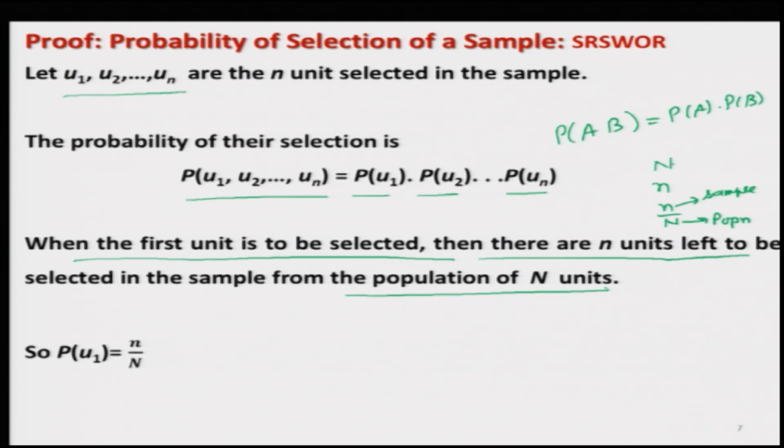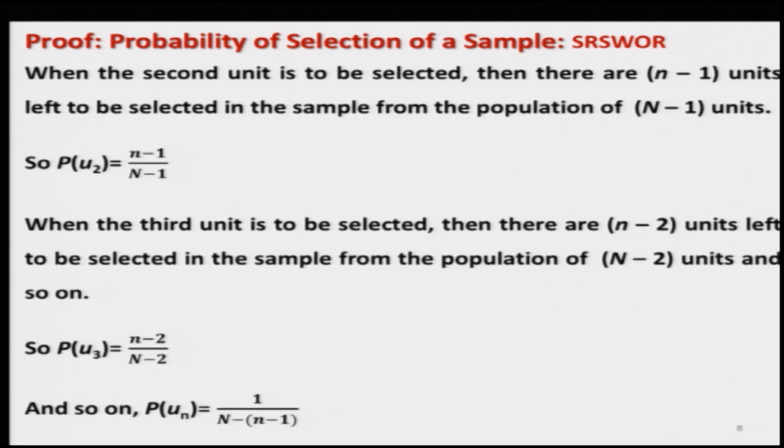So, the probability becomes small n upon capital N, the probability of selection of the first unit. Now, when I come to the probability of the second unit, what is happening? Suppose this was my population 1, 2 up to here n, and here n minus 1. Now, I already have selected 1 unit.